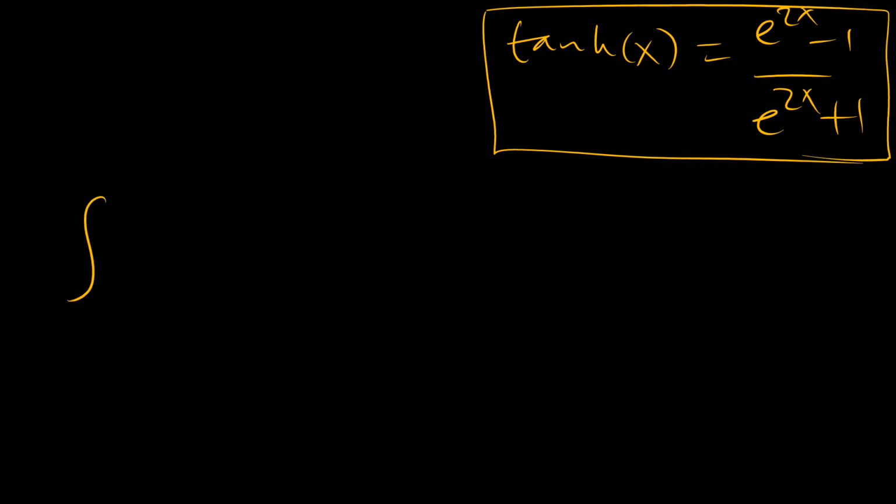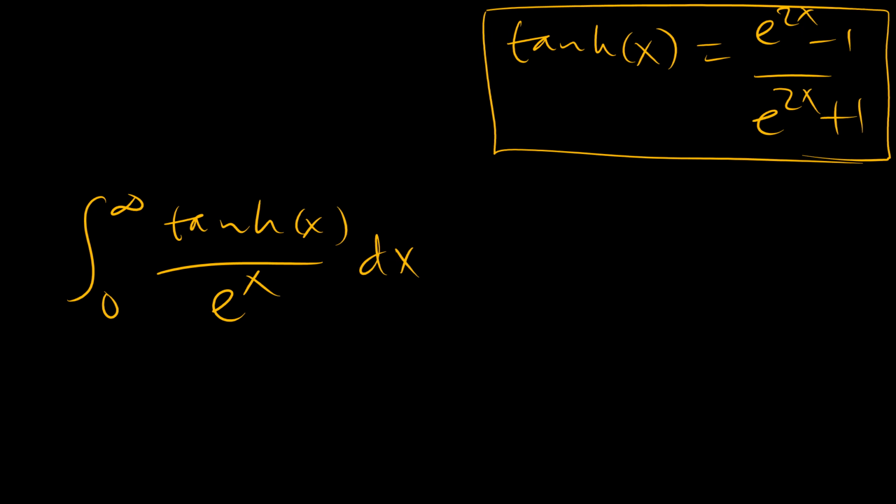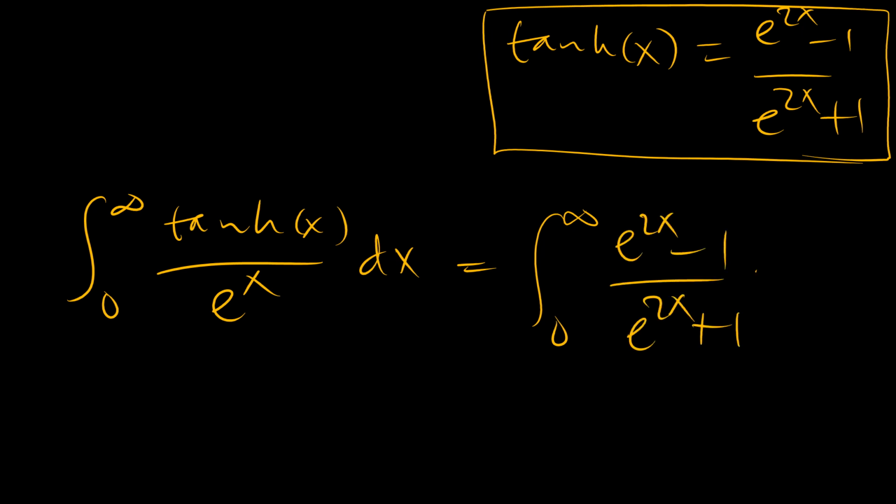our problem is the same as the integral from 0 to infinity of e to the 2x minus 1 over e to the 2x plus 1 times e to the minus x. So that actually is now an interesting problem.